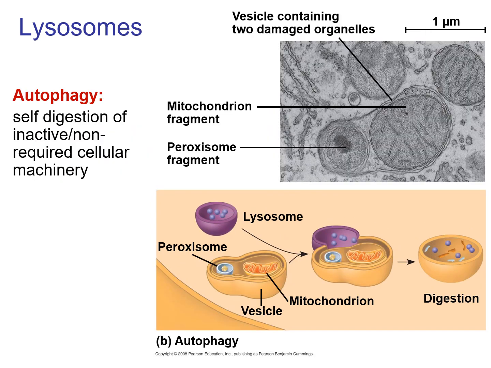Organelles within a cell that become damaged or worn out need to be broken down so that the amino acids, etc., can be recycled. This is also done by lysosomes. So in this case, a worn out mitochondrion has been enveloped in a vacuole or vesicle along with a peroxisome.